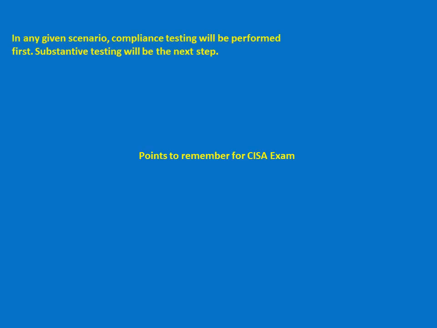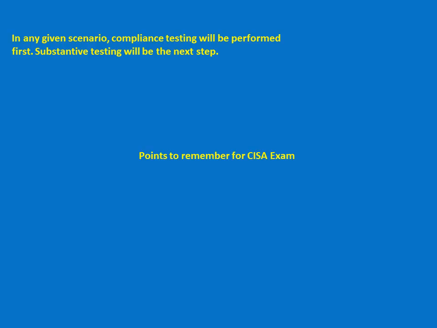So these are very important points to remember for CISA exam. First point, in any given scenario, compliance testing will be performed first. Substantive testing will be the next step. So you perform the compliance testing, you get the result. If you are satisfied with the controls, you may not go for the substantive testing as well.